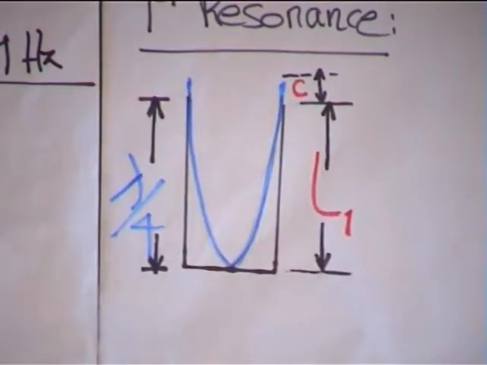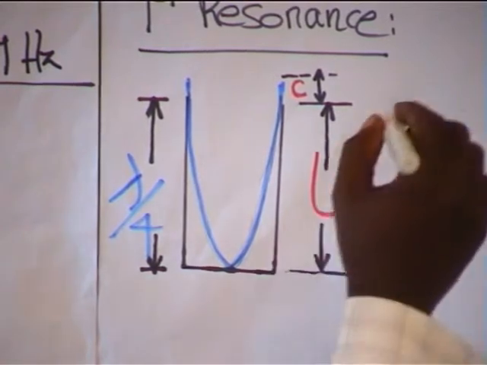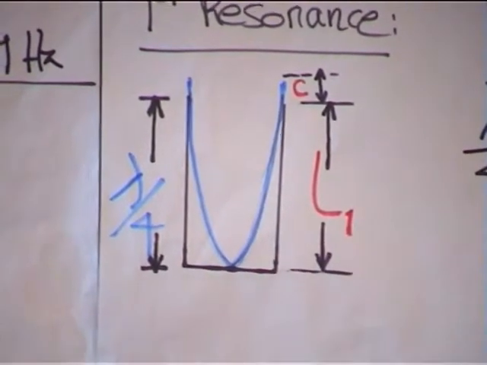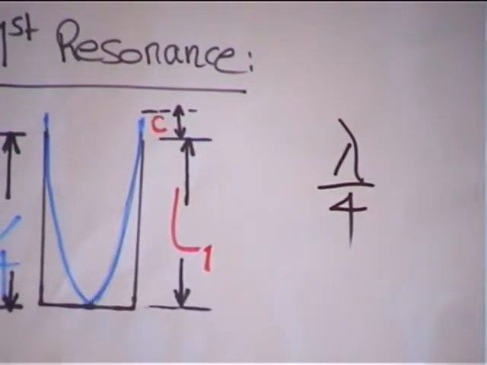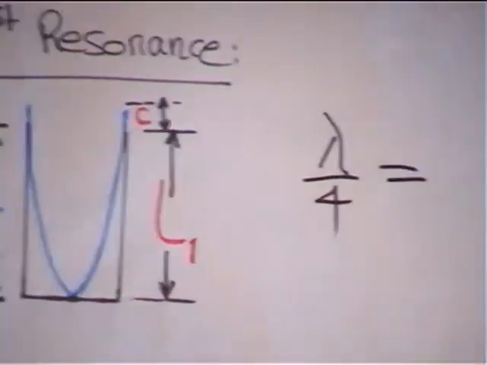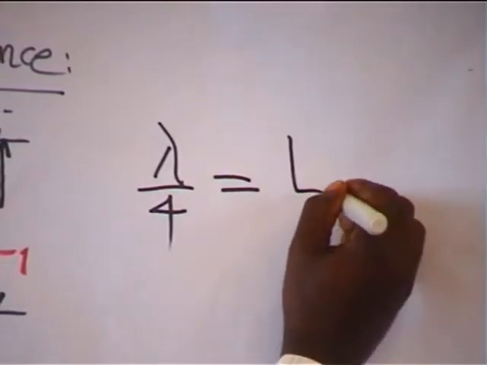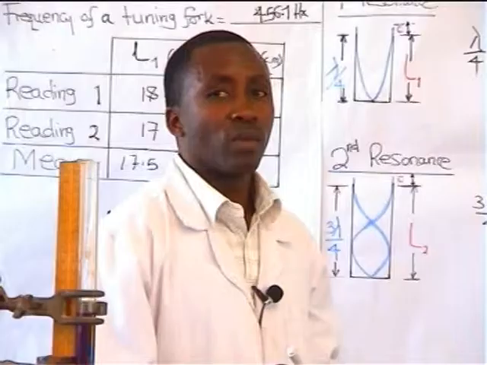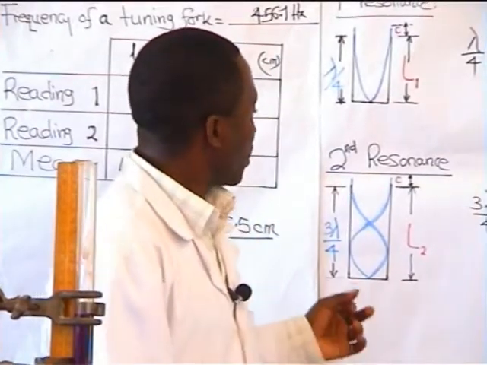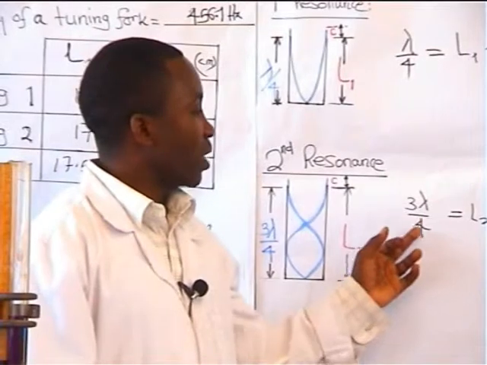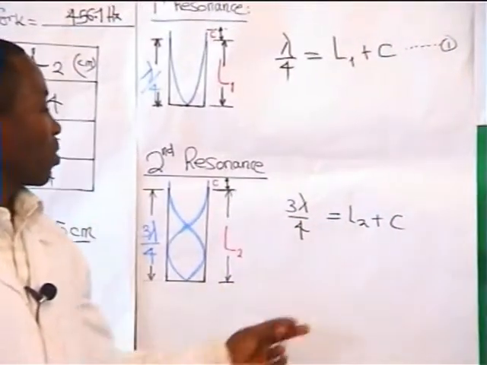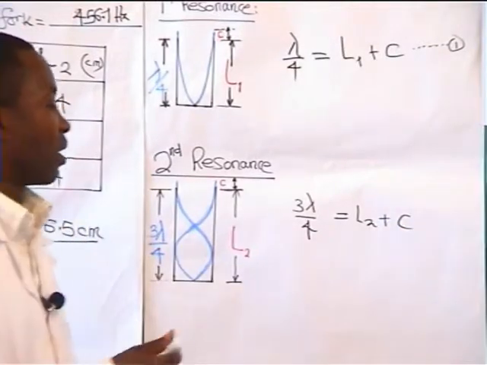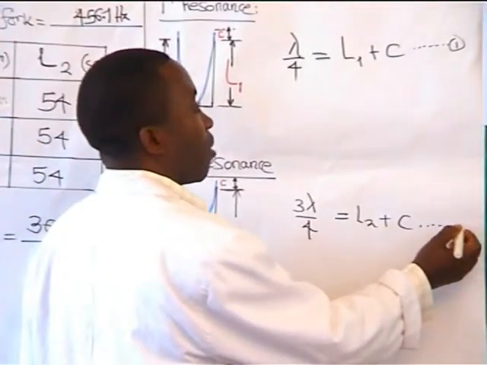So at first resonance, lambda over 4 equals length L1 plus end correction C. Let this be equation 1. For the second resonance, 3 lambda over 4 equals length L2 plus the end correction C. Let this be equation number 2.